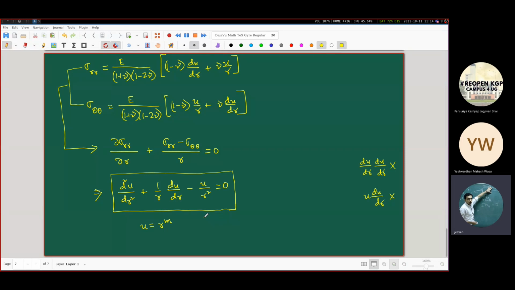So the idea is like this: if something has a unique solution, and if you somehow manage to obtain one solution to it, then you are guaranteed that that one solution is the solution to that differential equation. So based on that general idea, we are going to guess that u is equal to r to the power m is actually going to solve this.